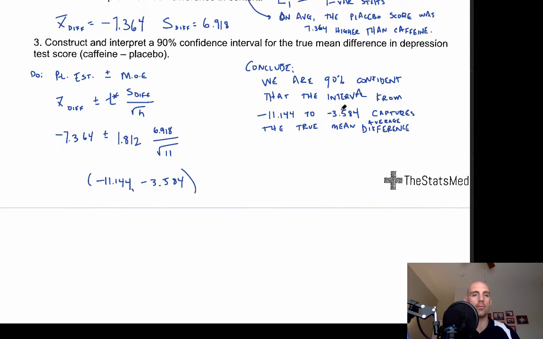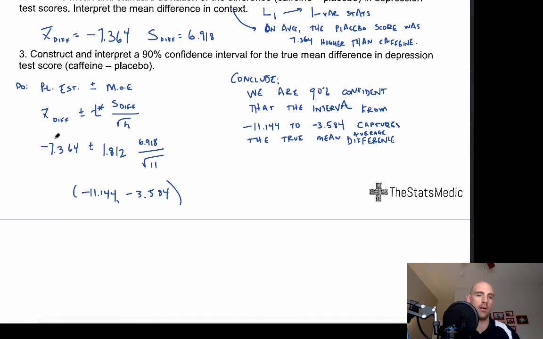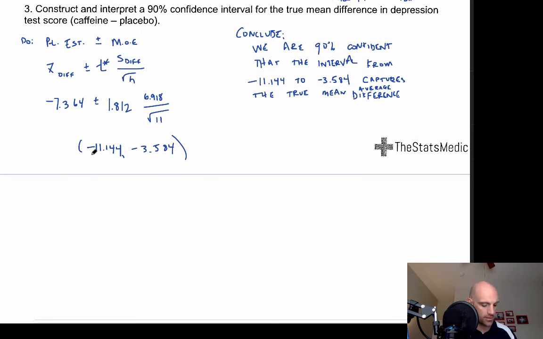And that's important because look at what we use for our point estimate here. That represents the average difference, right? So the true mean average difference in depression scores.